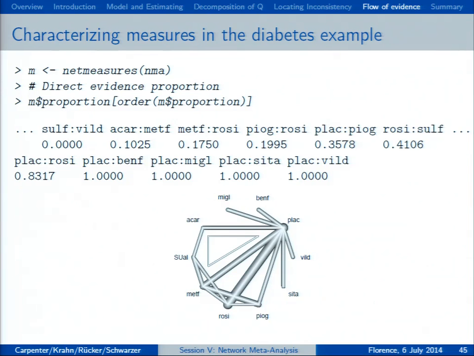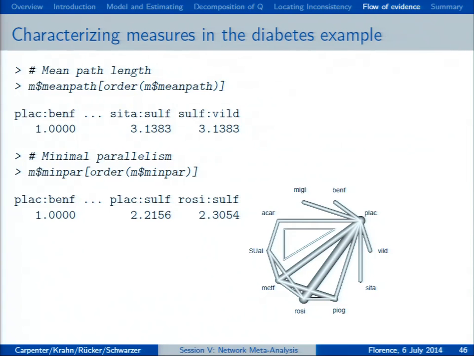These measures can also be calculated by the netmeta package using the function netmeasures. We can obtain the direct evidence proportion. We can see, for example, that these edges where only one treatment is connected in the network have a direct evidence proportion of 1, and they do not gain from the remaining network.